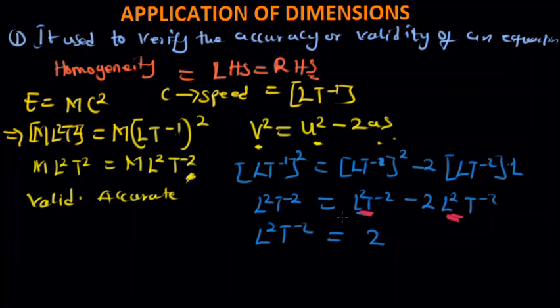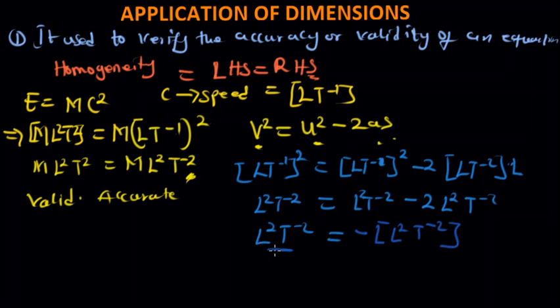So we have 1 here, we have 2, so we have 1 minus 2, which will give us negative 1. So we put it in square brackets, negative L^2T^-2.